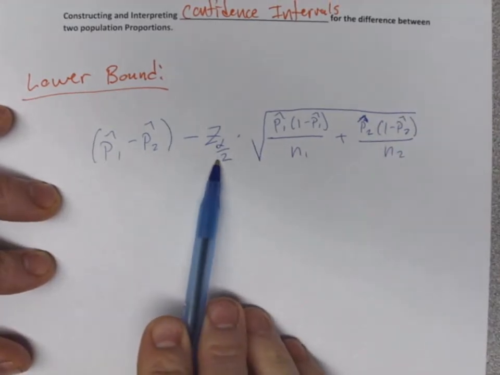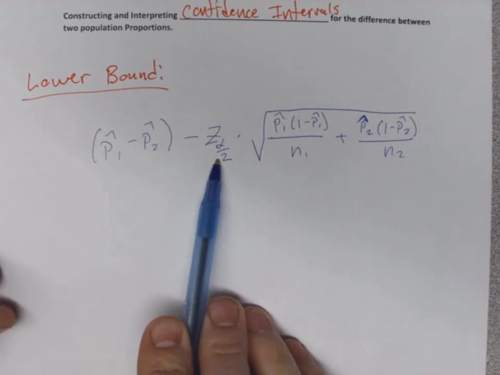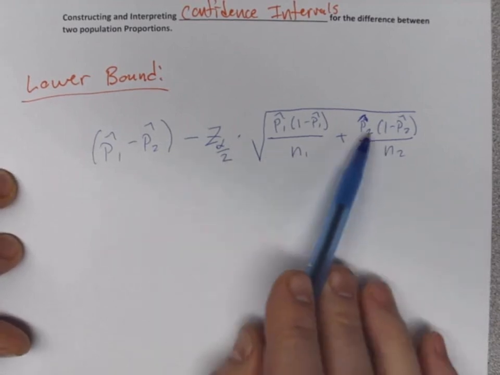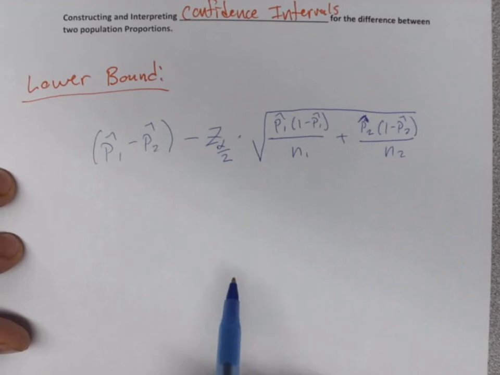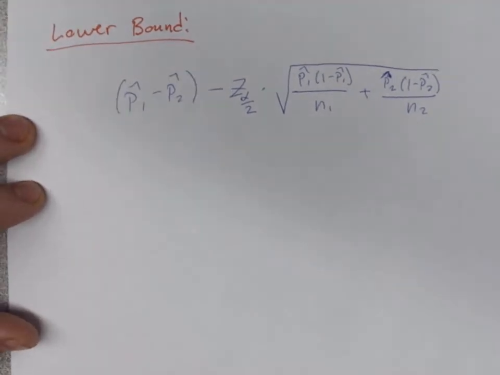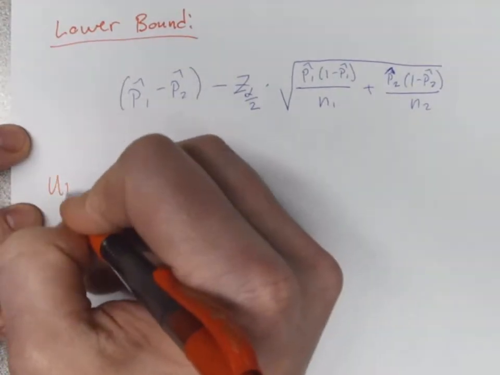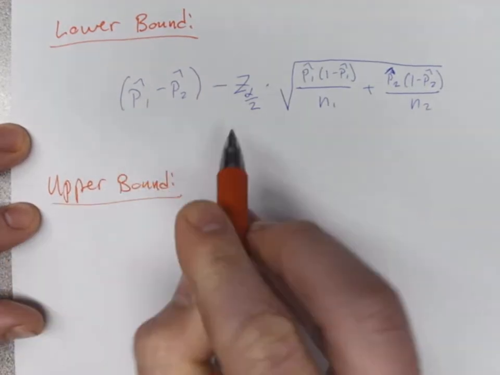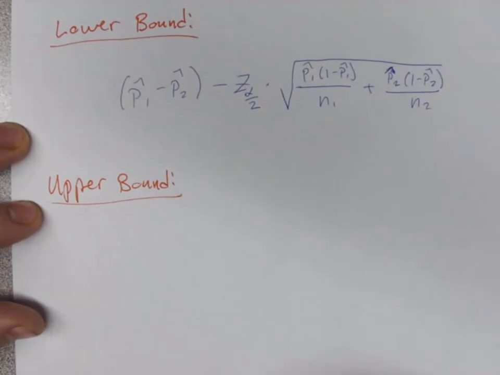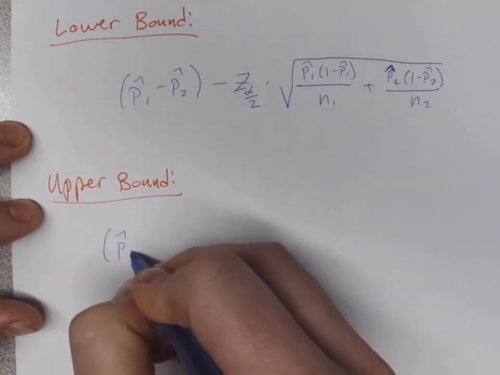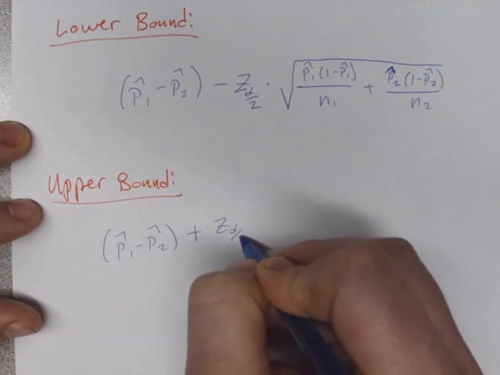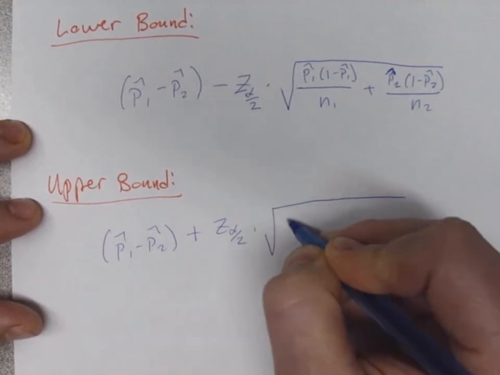This value minus Z alpha over 2, we found in the previous problem to be 1.645, and this we've already calculated in the previous example also. And then the upper bound is the exact same formula, except now we have a plus. Plus Z alpha over 2, times the standard deviation.